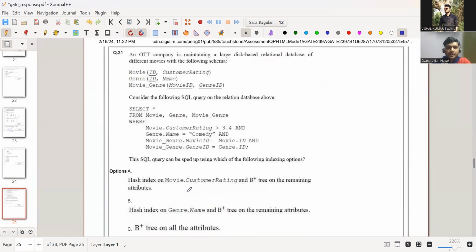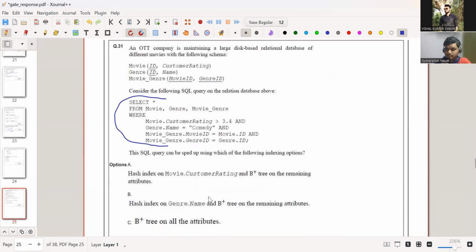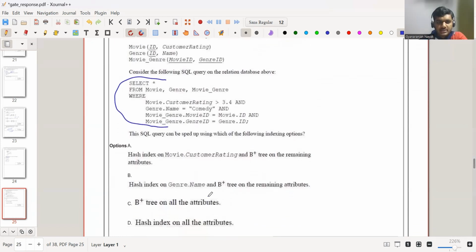An OTT company is maintaining a large disk-based relational database. So we directly go through the query and find which indexing option can speed up the query. The first option is a hash index on movie customer rating and B plus tree on the remaining attributes.